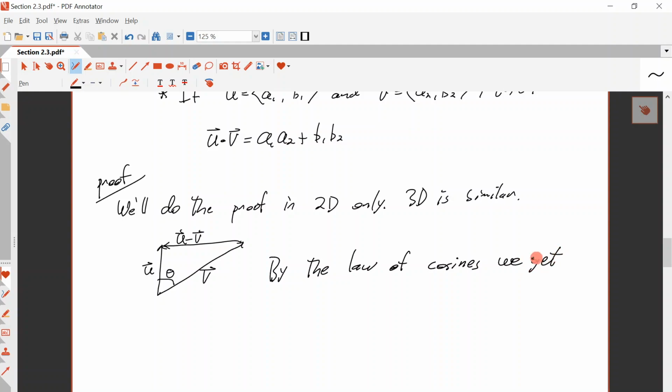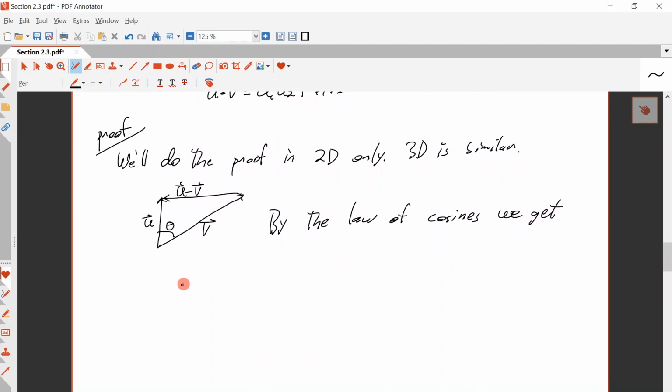we get the following: the length of U minus V squared is equal to the length of U squared plus the length of V squared. I'm going to leave out the hats here just to simplify things. That's the Pythagorean theorem when theta is equal to 90 degrees.